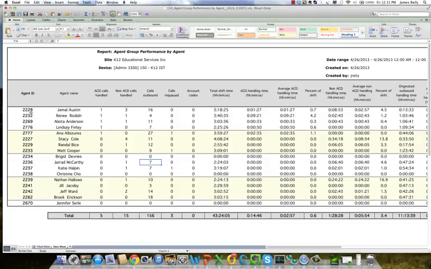You can see your extensions over here on the left-hand side. So if you're logged in for the day or you have an ID associated with your name, it is put there. It has a list of ACD calls. ACD calls are the 800 number calls that come in. They're randomly routed to you, and as you pick them up, you can see how many calls you pick up. Not really paying attention to that as much.